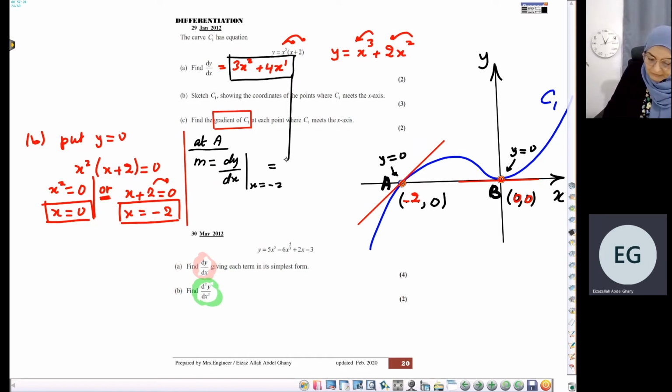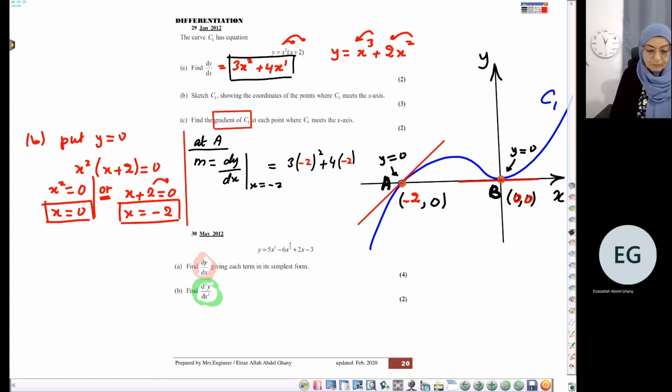How to substitute? In brackets. Remember, 3 brackets squared plus 4 brackets. The value of x is -2. If you multiply 3 by -2 squared, you are multiplying 3 by 4, positive 4, giving 12, minus 8. So it will be 4.